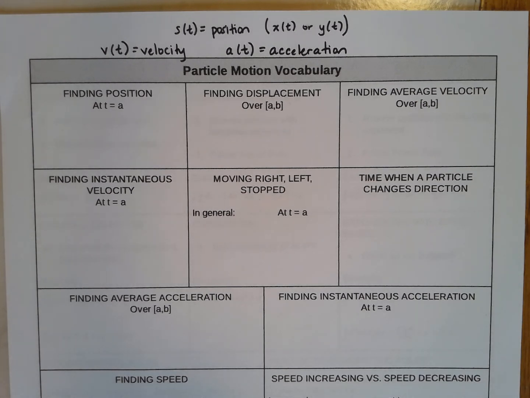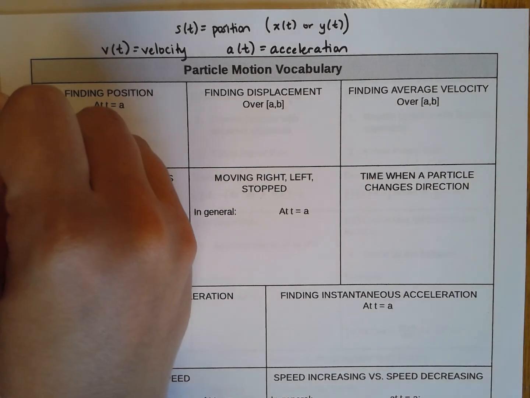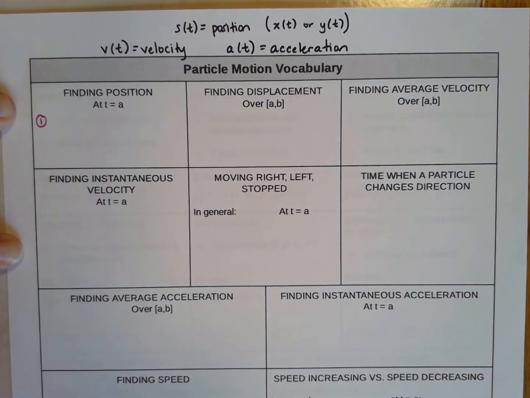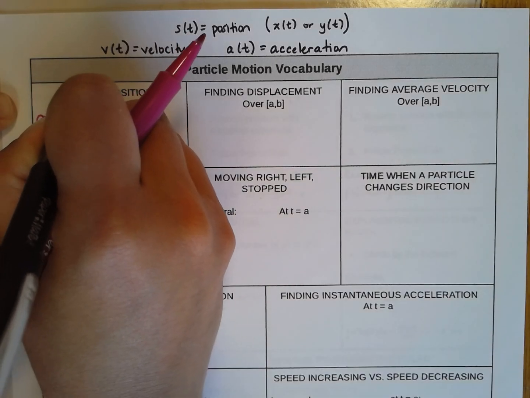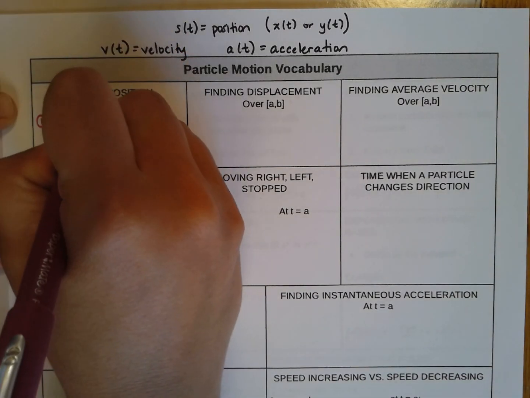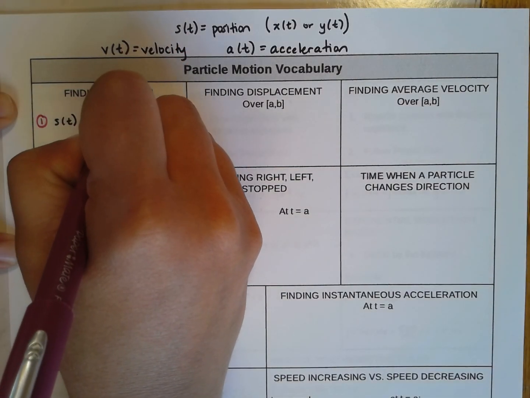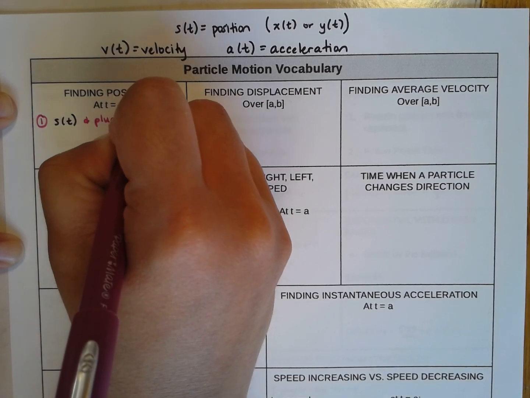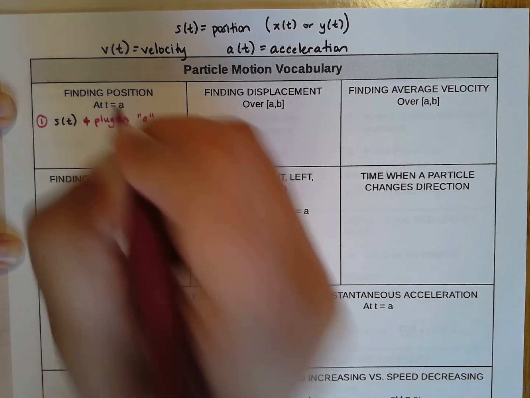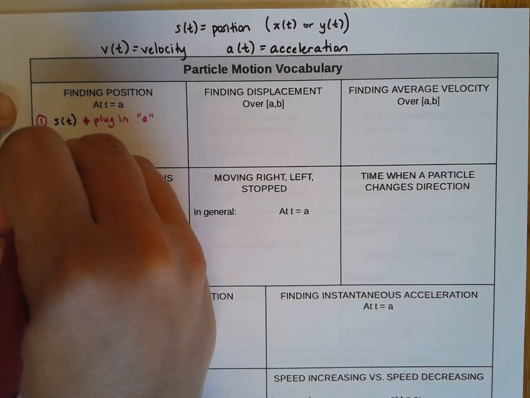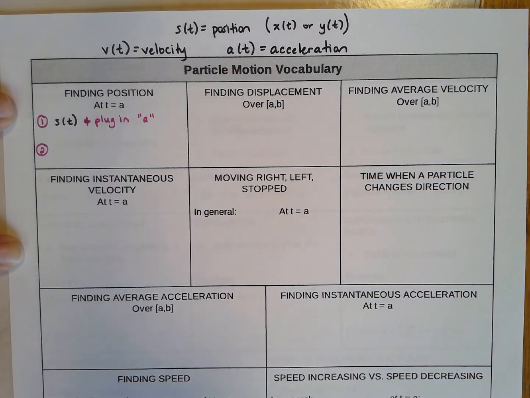If a problem ever asks me to find position, there are two ways to do this. Option number one is to use your s of t function and plug in your t value, your a. Option number two is to use your velocity function.